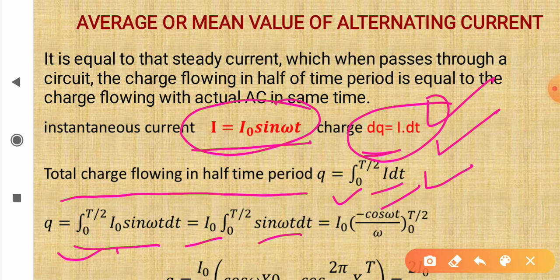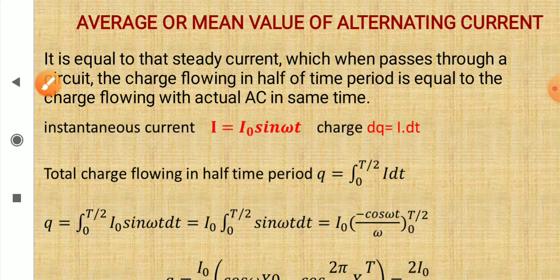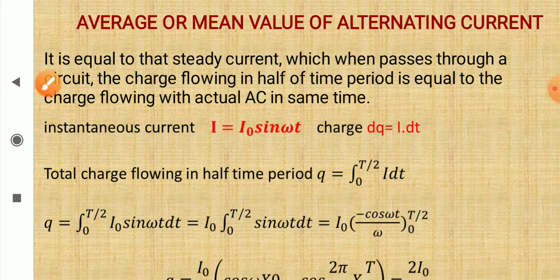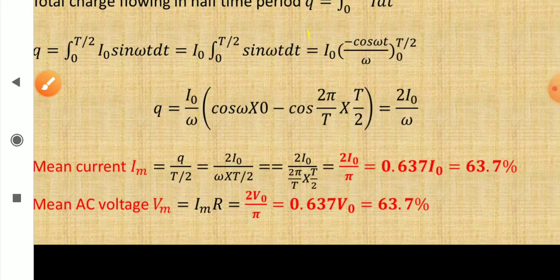Now integration of sin omega t is minus cos omega t, and for this omega t we get this constant in the denominator. So the integration of sin omega t becomes minus cos omega t upon omega, and the limits are 0 to T by 2. Now when we put the limits, see what we get.